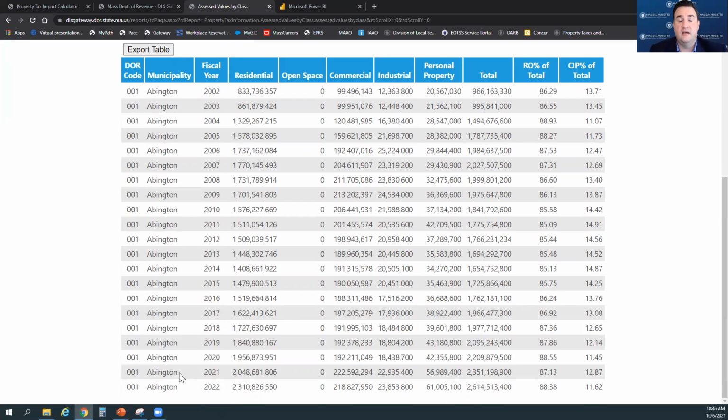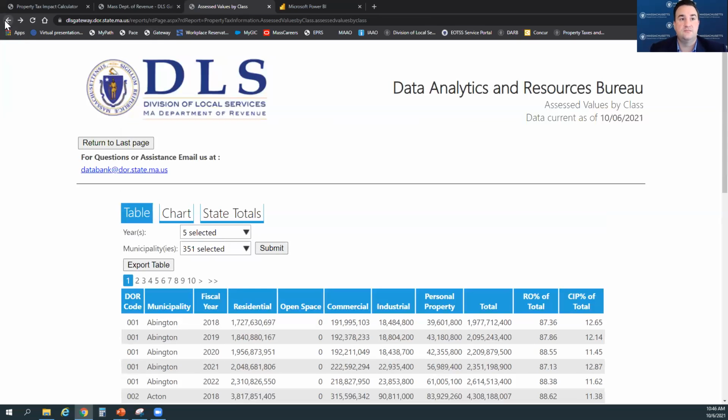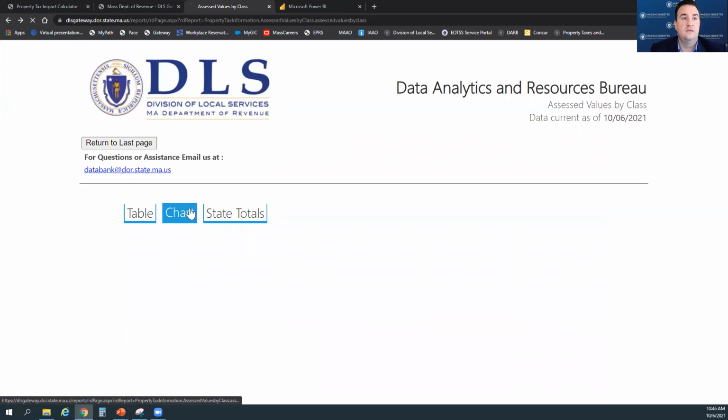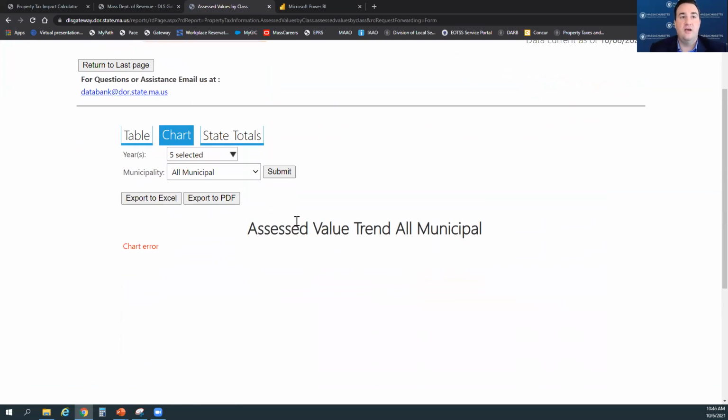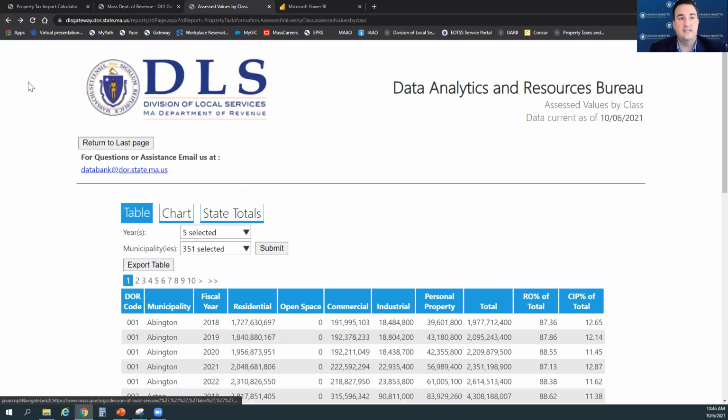But this is an example of all different years and where residential properties have gone. What is the split for residential and CIP? All that information's here, and this is great for website content, but also classification hearing presentations.